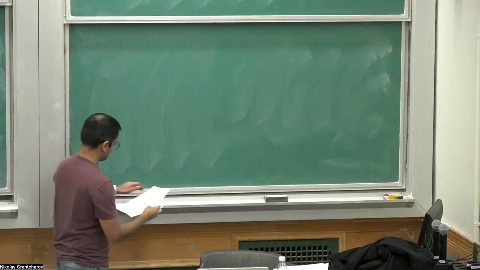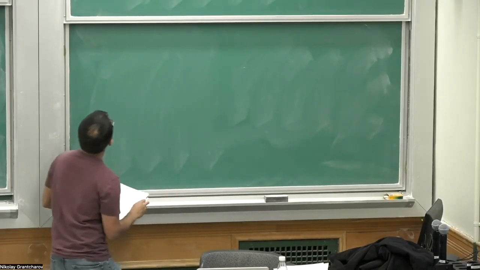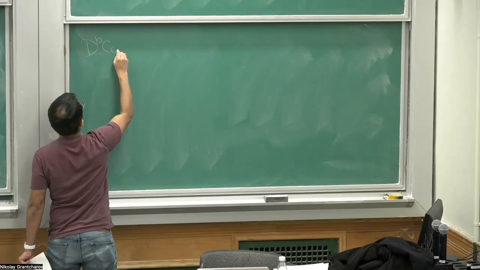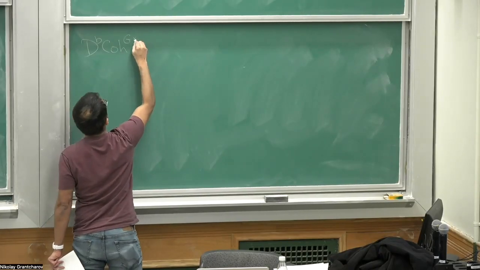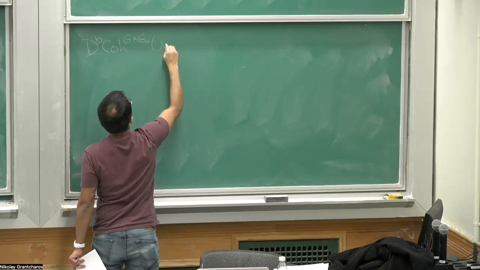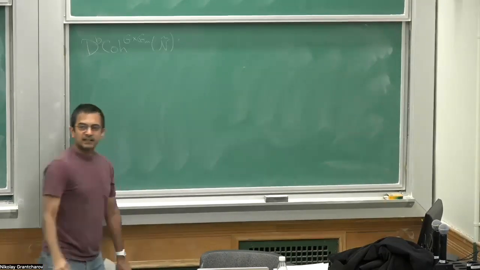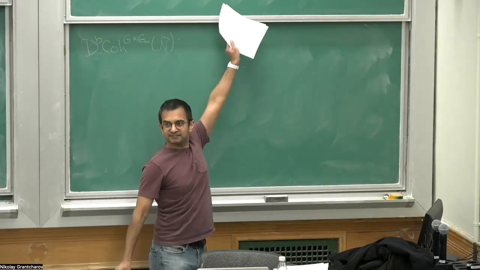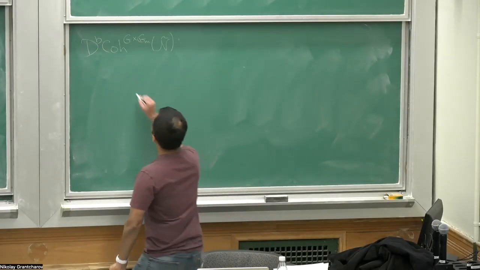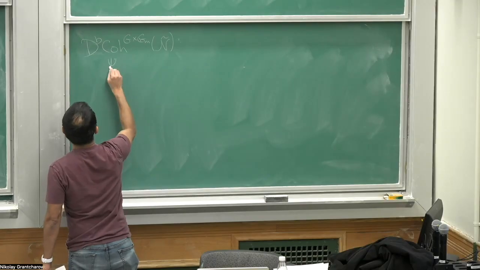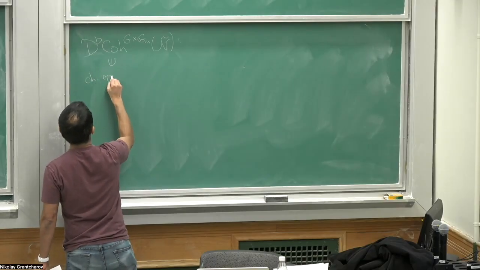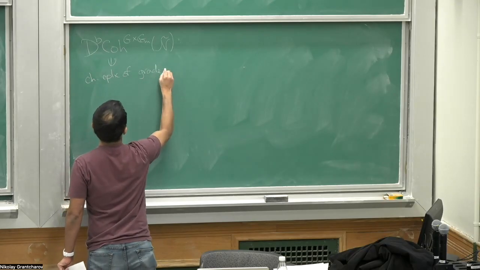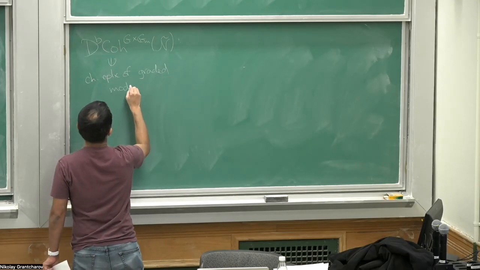Okay. When I look at the derived category of this, an object in the derived category is a chain complex of these kinds of graded modules. So inside here, I can have a chain complex of graded modules.